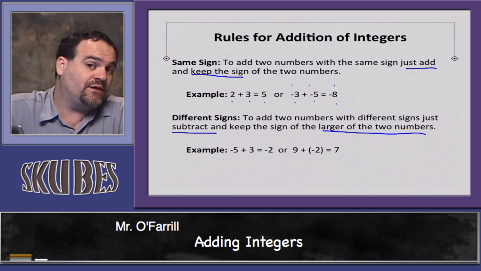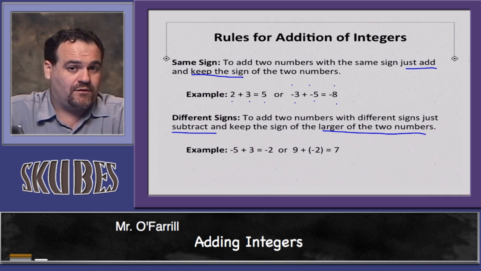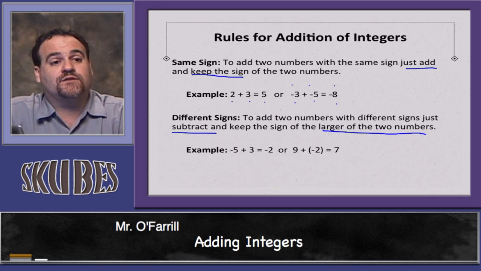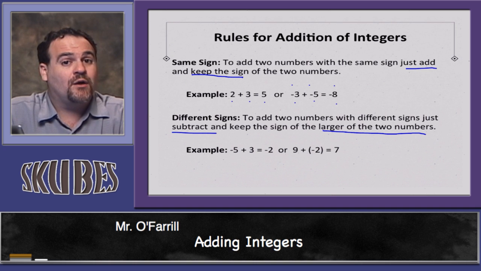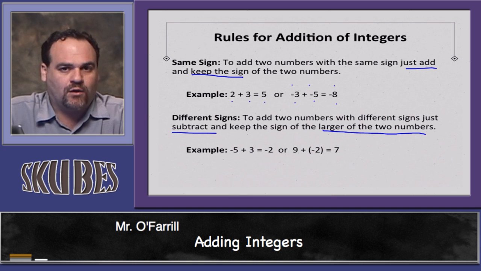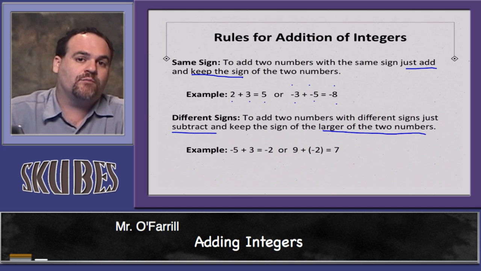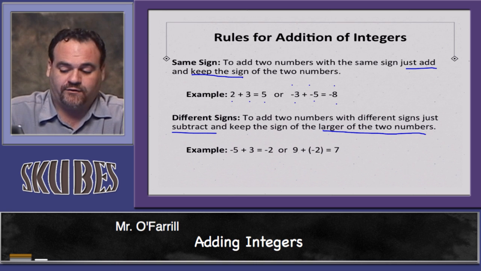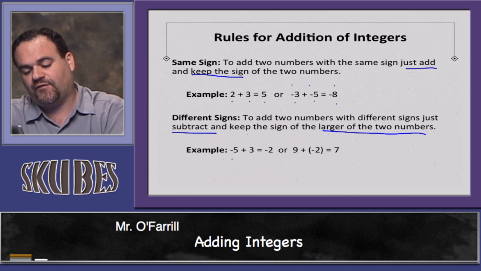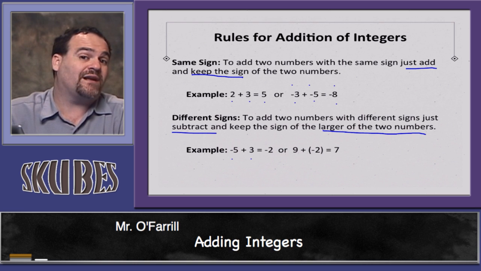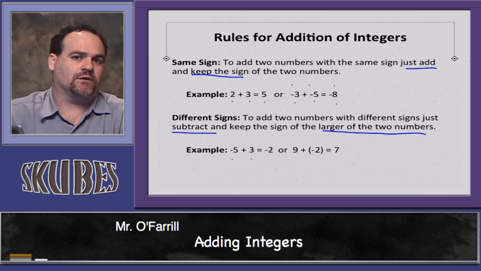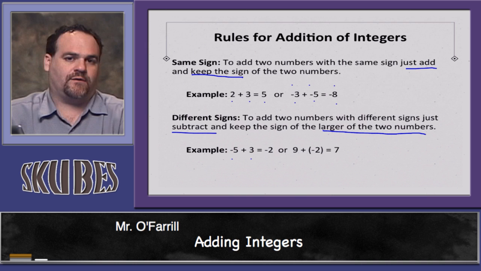And if you remember me giving you the word magnitude earlier, that's what we're talking about: you're going to keep the sign of the number that has the larger magnitude. I know it's a big word, but really all it means is the number that looks to be the biggest. For instance, here we have negative 5 and negative 3. If you simply had the numbers 5 and 3 together, what's bigger? 5 is bigger.